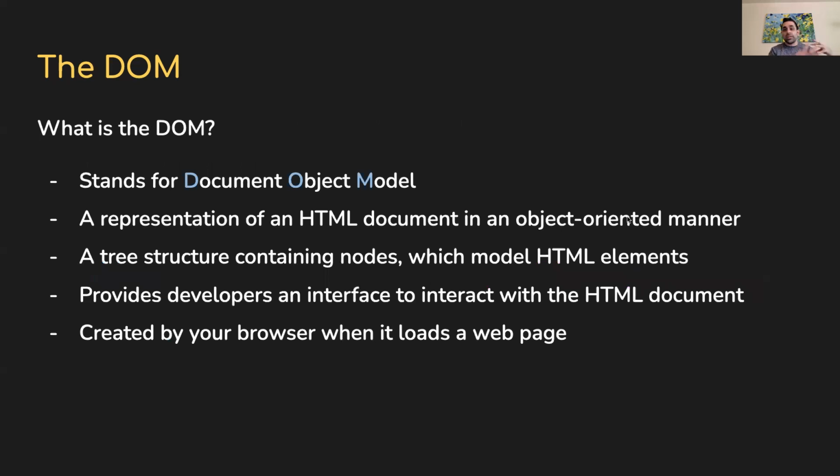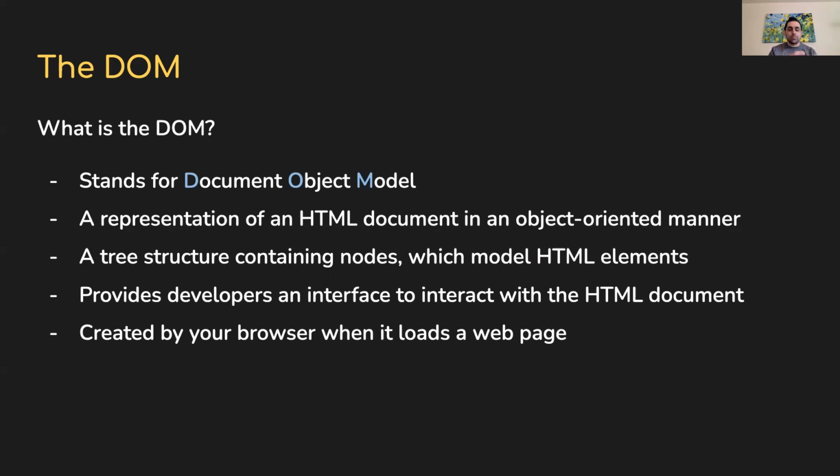When we write an HTML file, it's simply a text file, nothing really special about it aside from the formatting that we give to it. But our browser reads that text file, creates a render of what we're trying to display, and also creates this document object model, which is an object representation of all of the elements that we have in our HTML file.